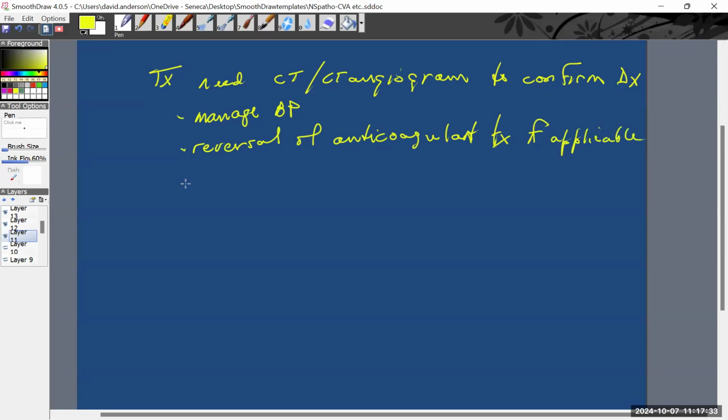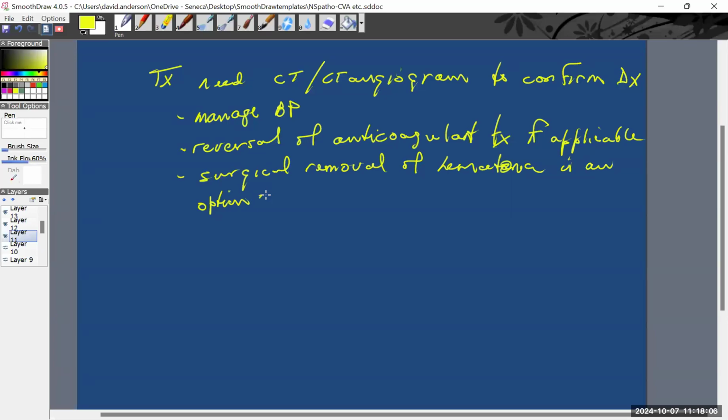If that's the case, that's got to be corrected. Surgical removal of hematoma is also an option. It depends on location, depends on how stable that is or appears to be, and that sort of thing.